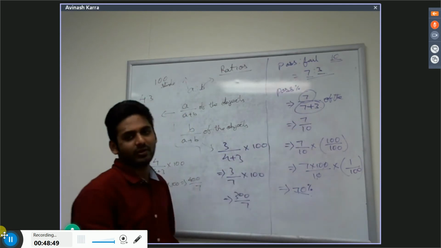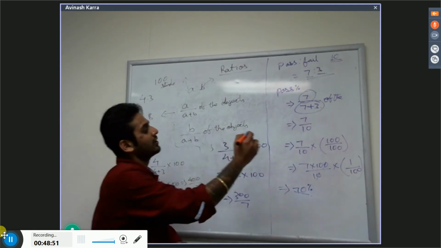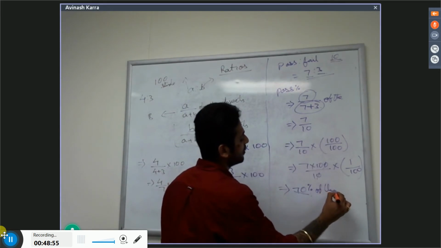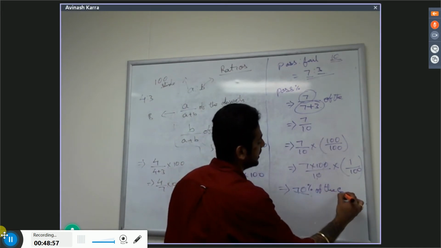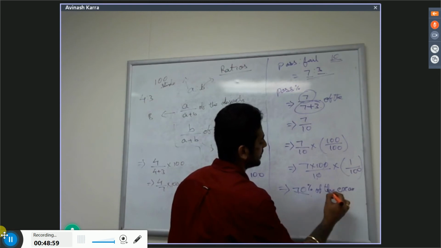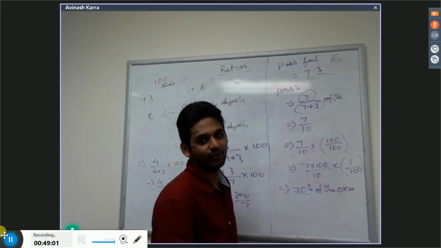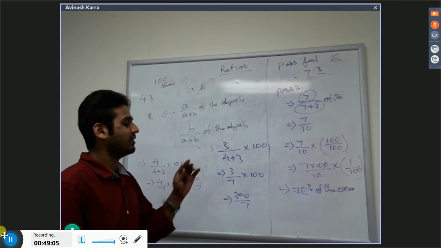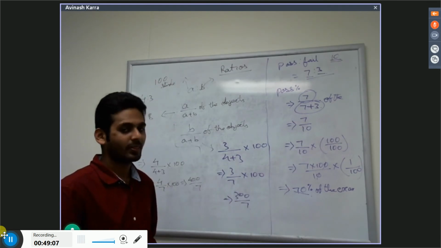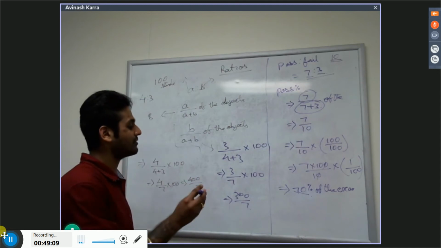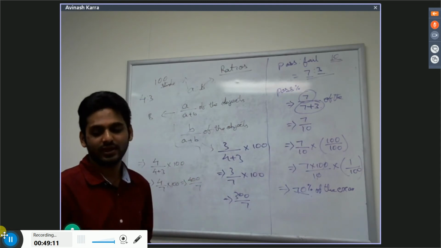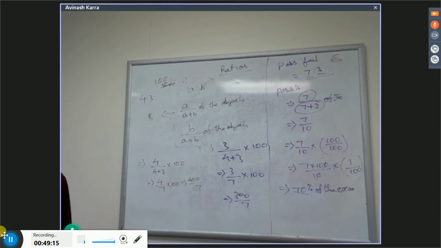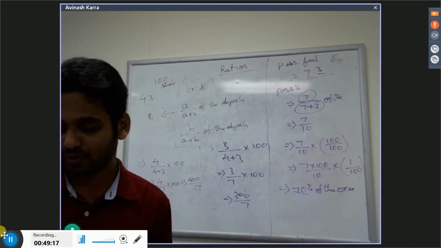The number of exams he took. For every 100 attempts, he will pass 70 times. That is what the question is. Did you guys understand, or you want me to explain it again?